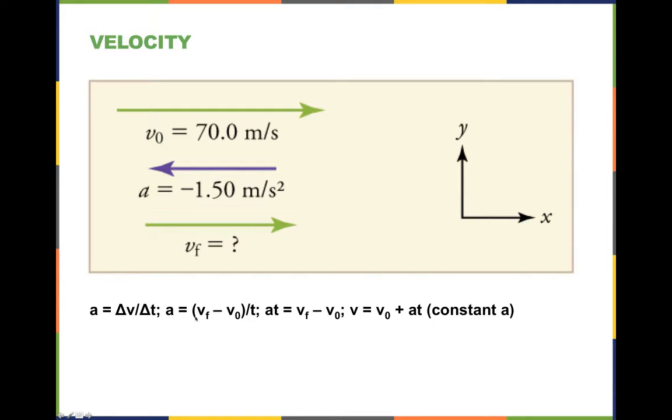And if we write that out like we did with the last one, acceleration is equal to Vf minus V0 over t. We move this t over here and we get at is equal to Vf minus V0. So Vf, or just V, is equal to V0 plus at if a is constant.